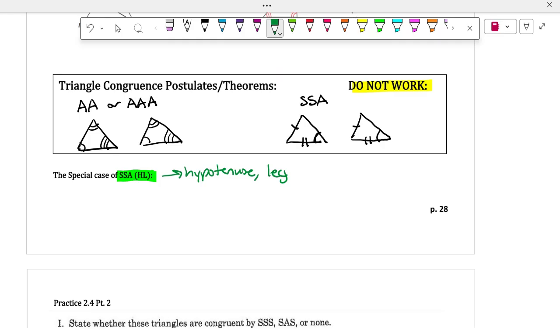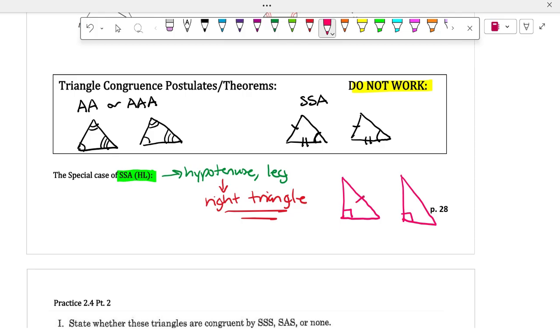So remember, a hypotenuse exclusively comes from a right triangle. So it only works if you have a right triangle. And both of them are right triangles. So for example, let's say that I had a right triangle and I had another right triangle.